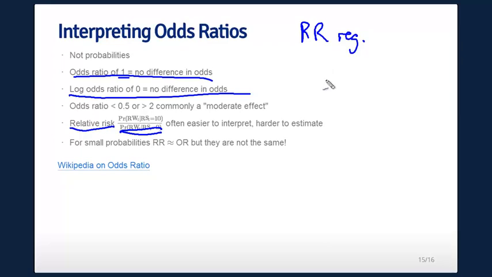The problem with the relative risk is that the probability is between 0 and 1. So when you take the log, the upper bound is 0 and the lower bound is minus infinity, so we don't get the whole range.